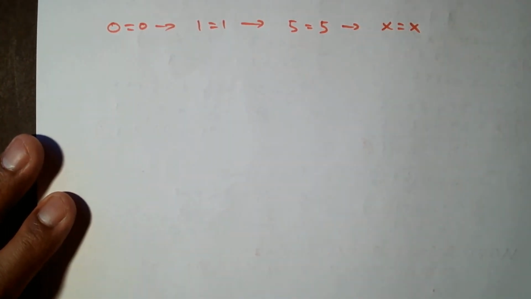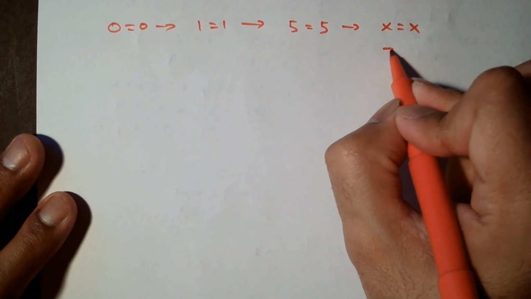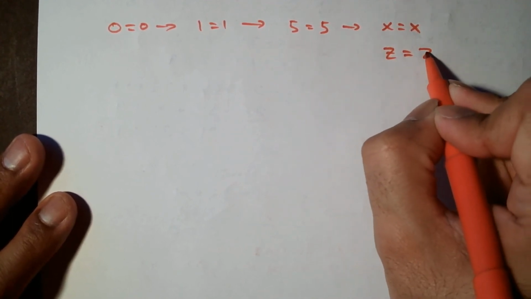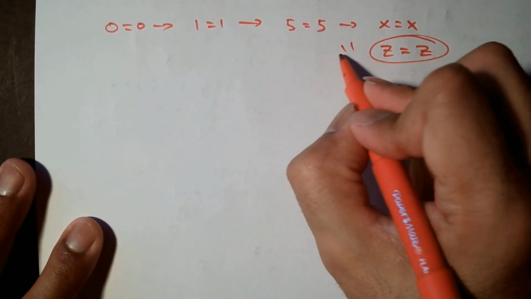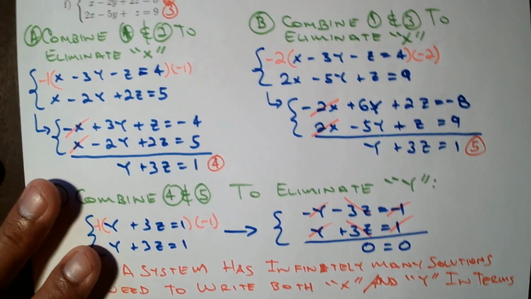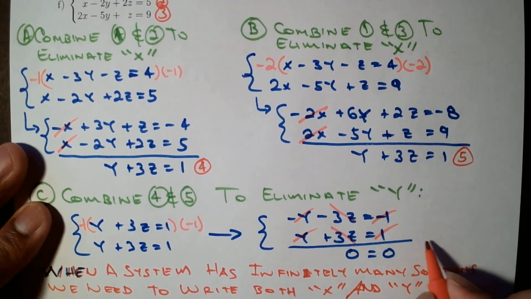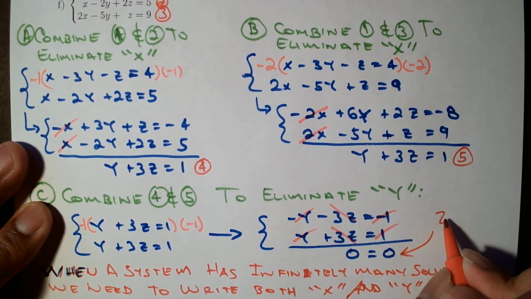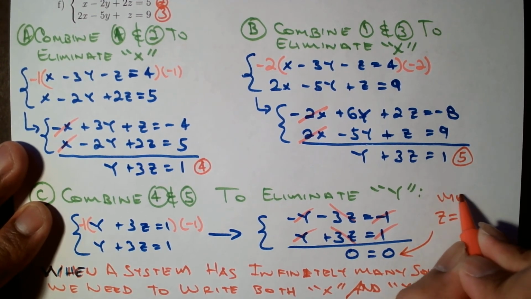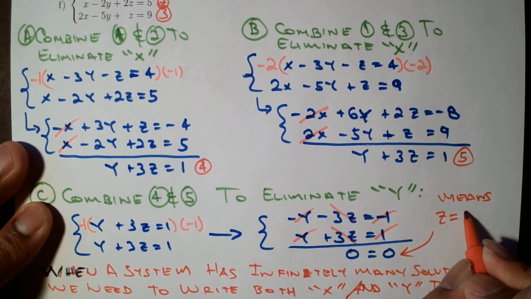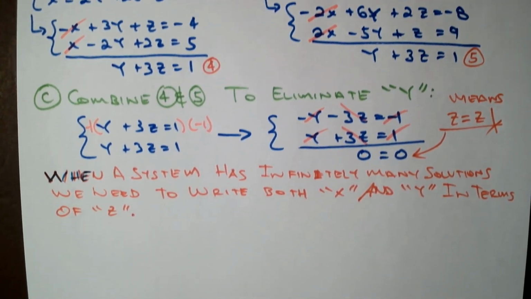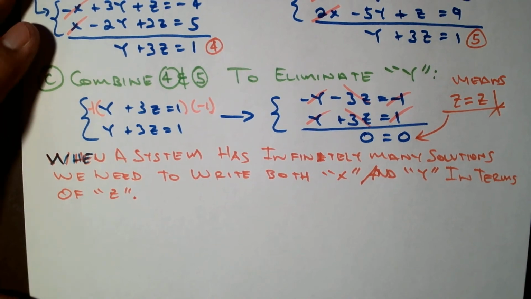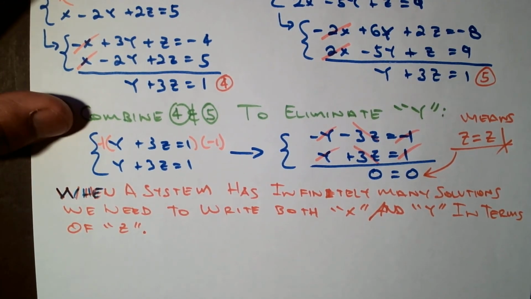But in particular, the one that we want to go with is z equals simply c. So let's bring that back over here. It means z equals z, all right? That's what it means.